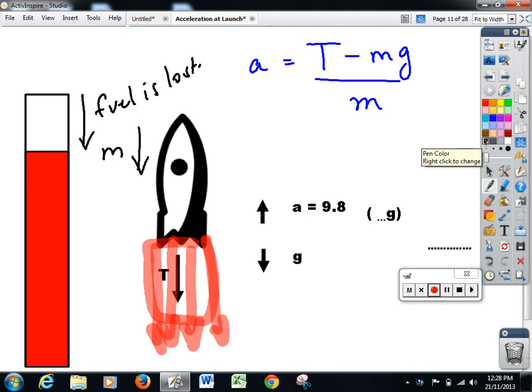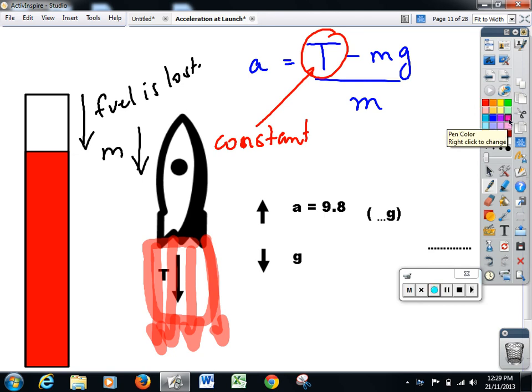and we remember that the thrust, the backward thrust of those gases coming out, is kept at a constant rate because the engines are either on or off, so that's unchangeable. This g remains as 9.8.